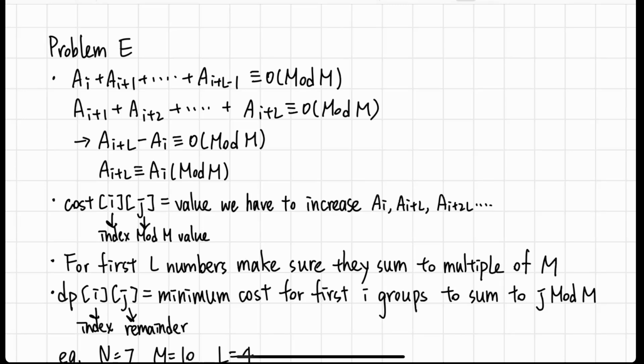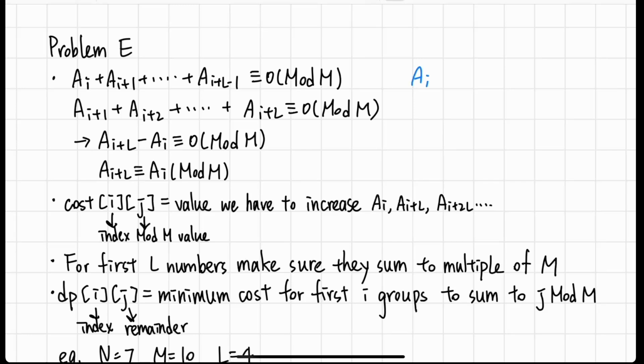What this means is that A(I+L) is equal to AI mod M. So there's a period where AI has the same remainder when divided by M as A(I+L). So there are different groups, and our array can be separated into several groups like this.